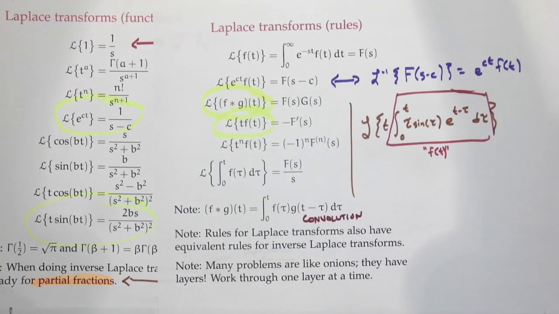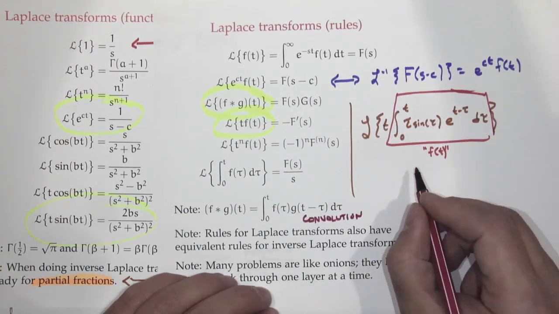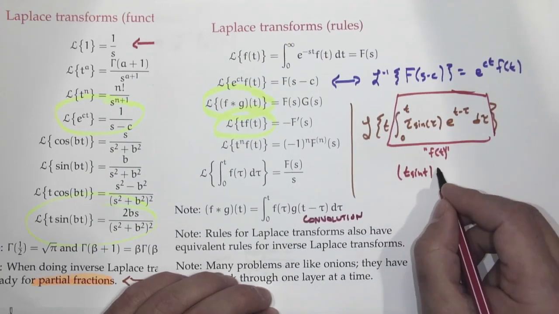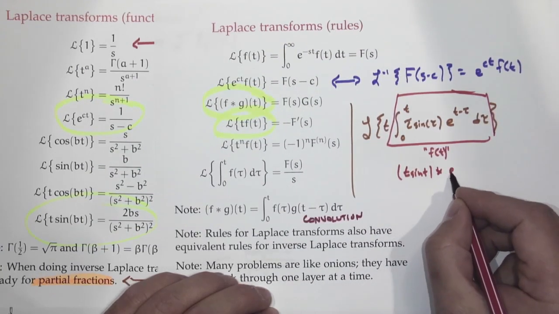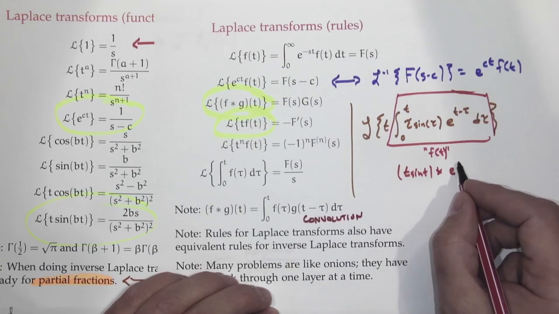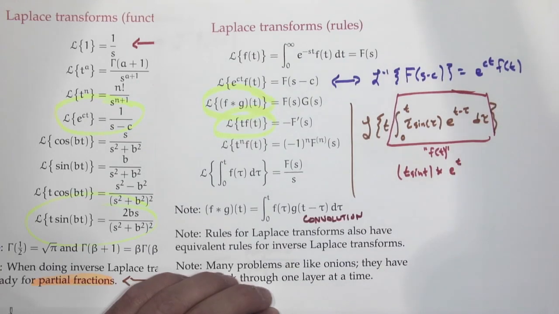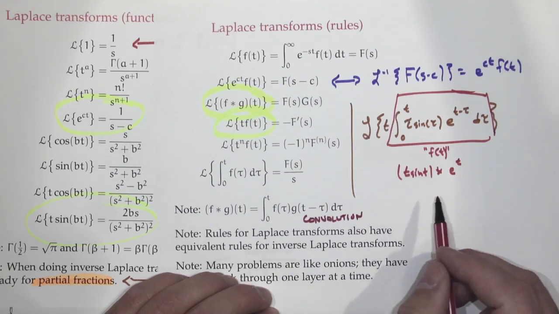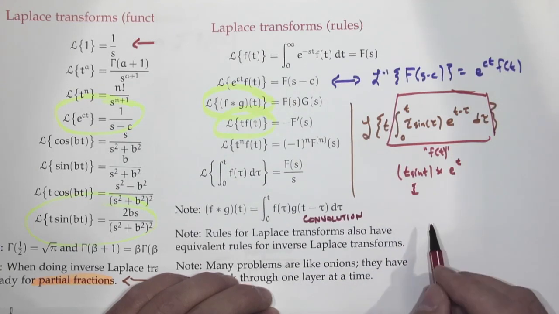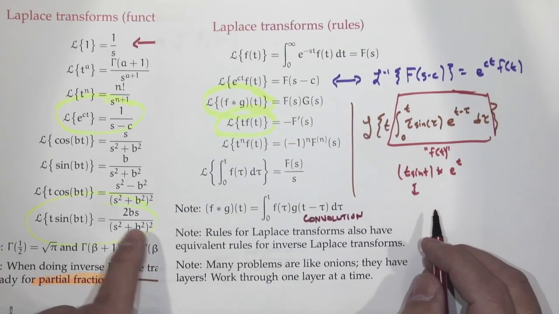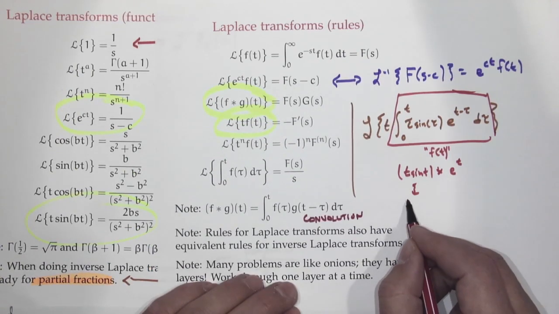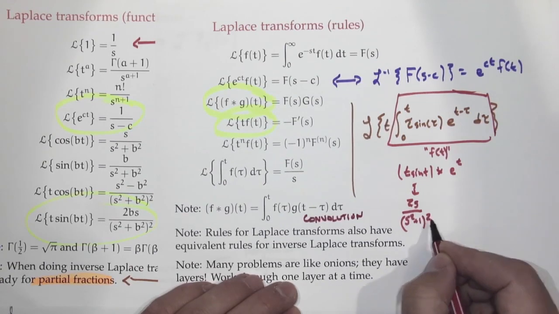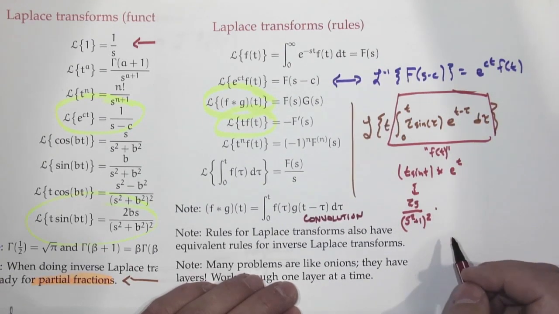We're not going to fall for their tricks. We say, look, this is really t sine t convolution with e to the t. Okay? So that's our f(t). We say, hey, we know what t sine t does because it's on our sheet. So that goes to 2s over (s squared plus 1) quantity squared. And what does e to the t go to?